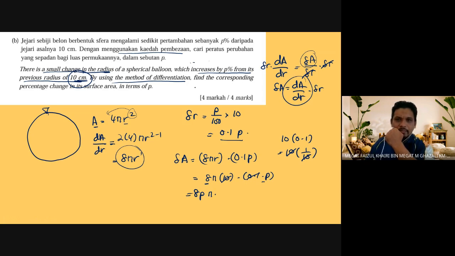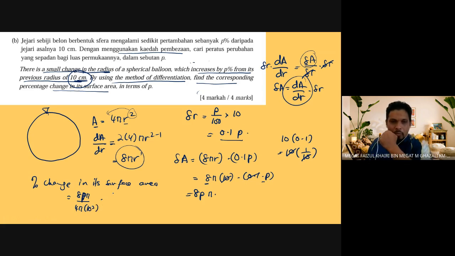So find the corresponding percentage change in the surface area. So this is the percentage change in its surface area, which is 8p pi divided by 4 pi times 10 squared, times 100%.